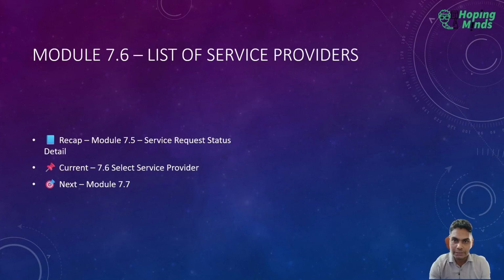Let's say, one is in 10 kilometer, one is in 5 kilometer, and you can choose which service provider you want the premium service from. So one company can have multiple service providers, and they can go through that specific area itself. So let's go ahead and see you in 7.6.